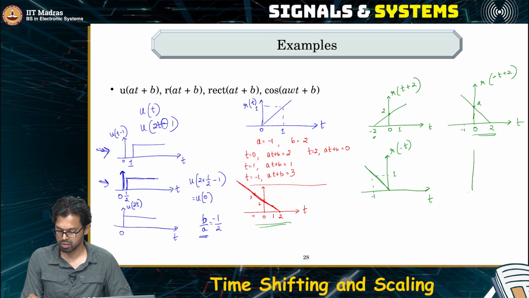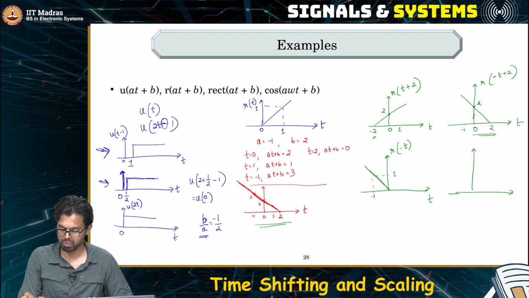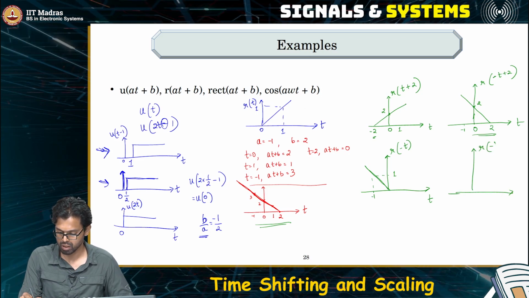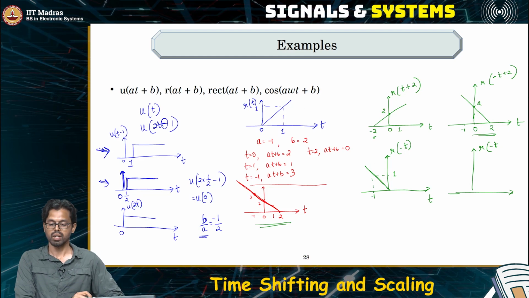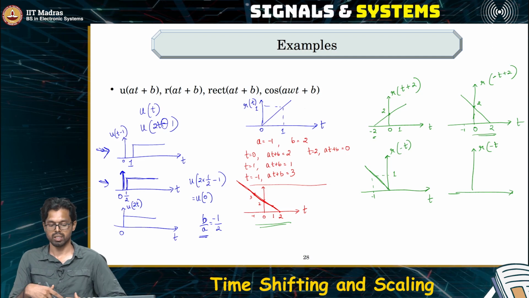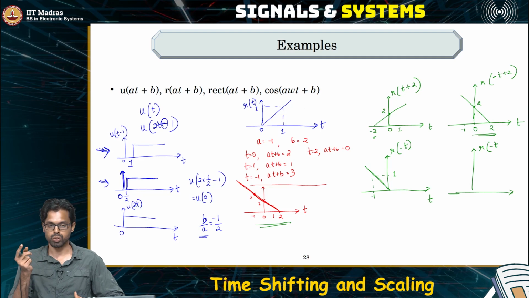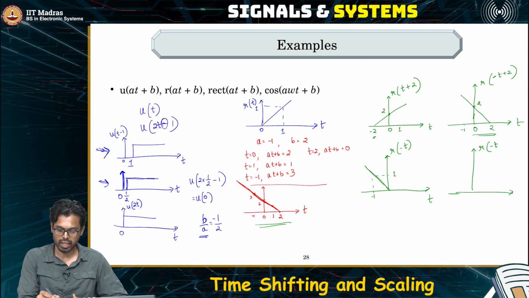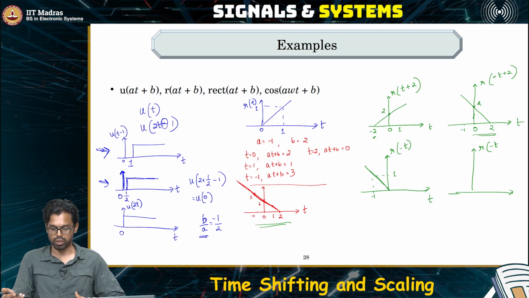Now let's do the shifting operation. Remember, because we scaled by -1, the shifting should be done such that the shifting constant is also scaled accordingly. This shifting constant was 2 and the scaling is -1. So this is 2 divided by -1, so -2.